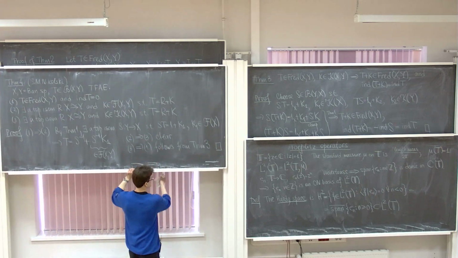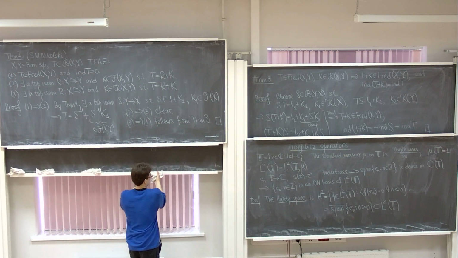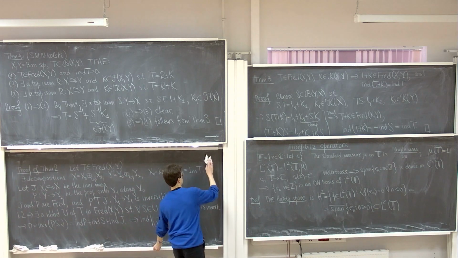Okay, so the Hardy space is a closed vector subspace of L2 on the circle.